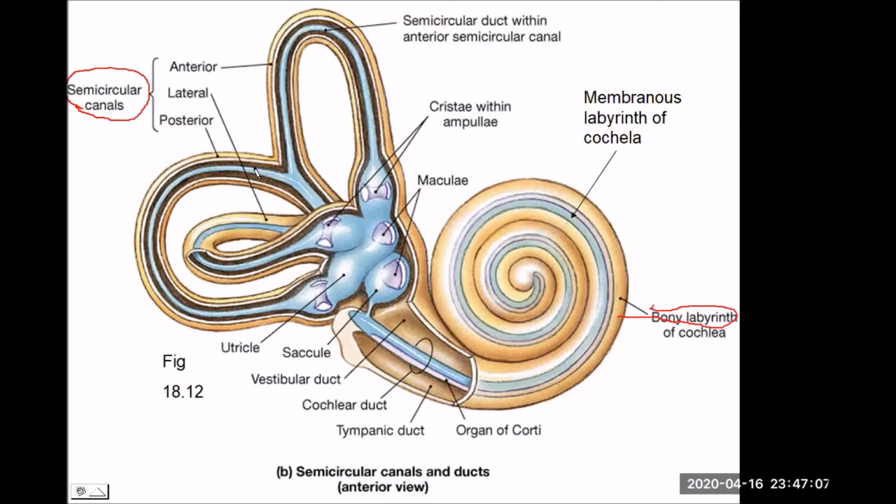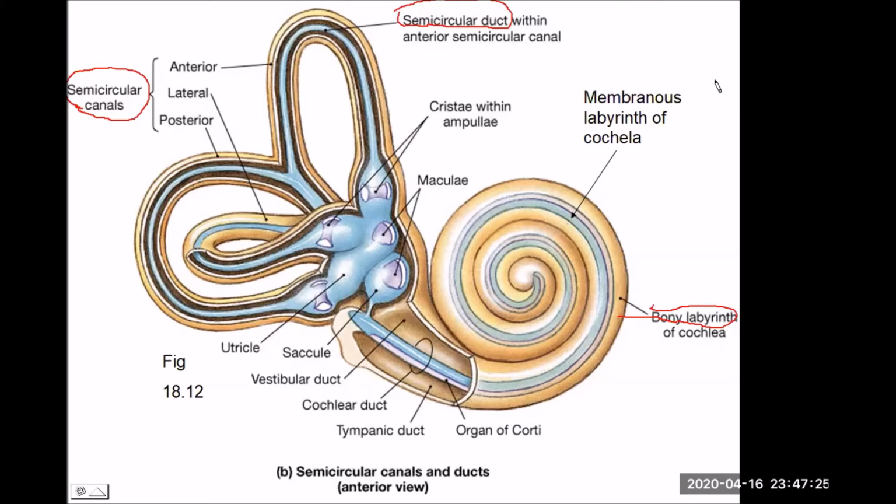Whereas the deep internal portion of these three loops, specifically just the three looping areas, the semicircular ducts, are now just a small portion of the larger membranous labyrinth.